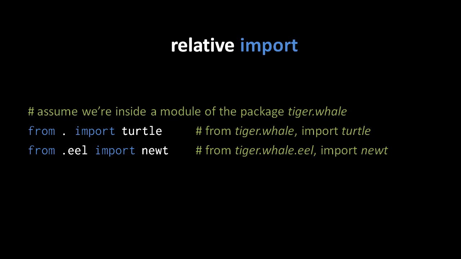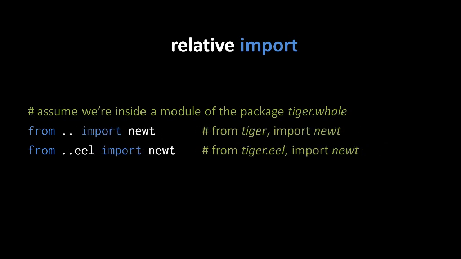Now, it's possible in these relative imports to use multiple dots, and whereas a single dot is used to signify the current package, 2 dots is used to signify one level up. So in tiger.whale, 2 dots means just the package tiger. So from .. import newt means from tiger import newt in the context of the package tiger.whale. And then from ..eel import newt means from tiger.eel import newt.